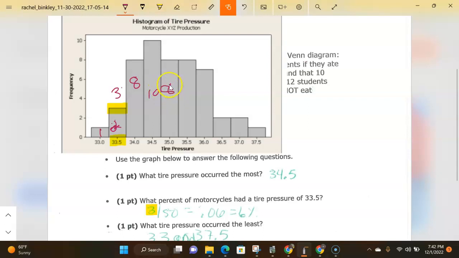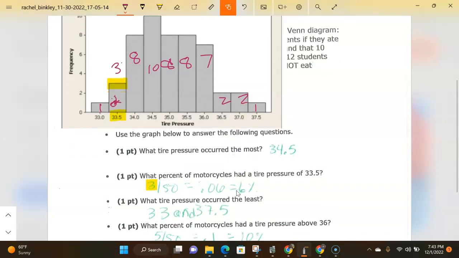Oh, it's hard to do this with just the mouse. 8, 8, 7, 2, 2, 1. Okay, if you add all those up, you should get 50. So the percentage of motorcycles that had a tire pressure of 33.5 is 3 out of 50, so it's going to be 6%.